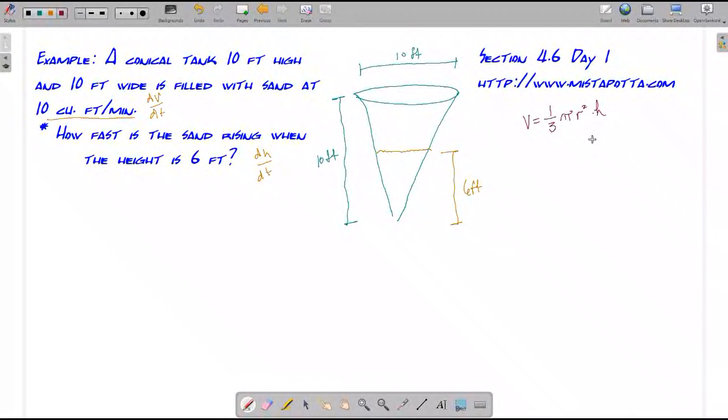And I really want it to be volume in terms of height. So that's what I need to come up with. So my question here really is, what is the radius in terms of height?